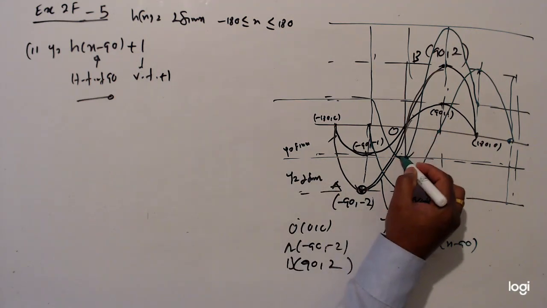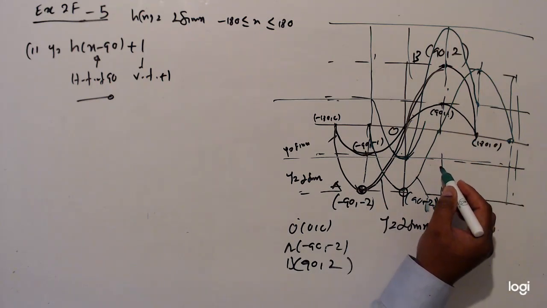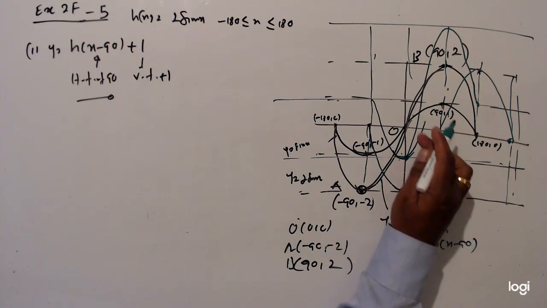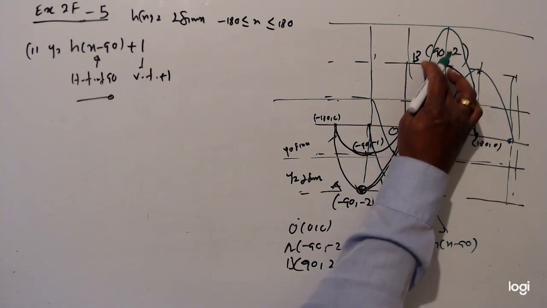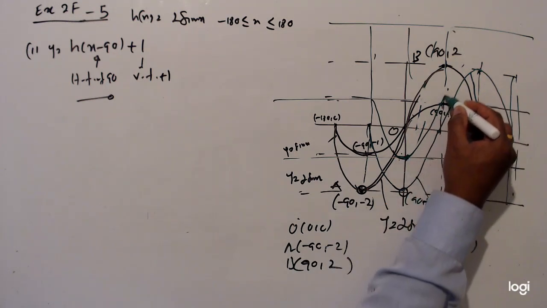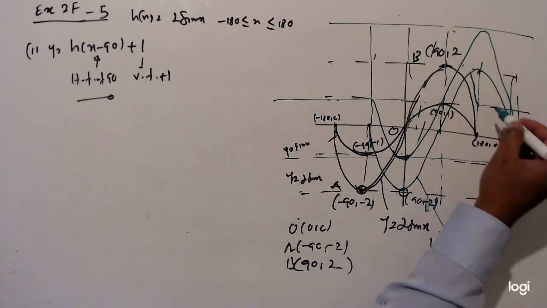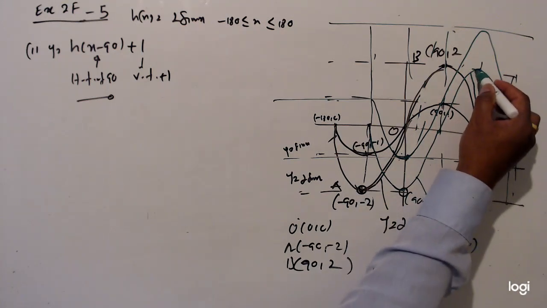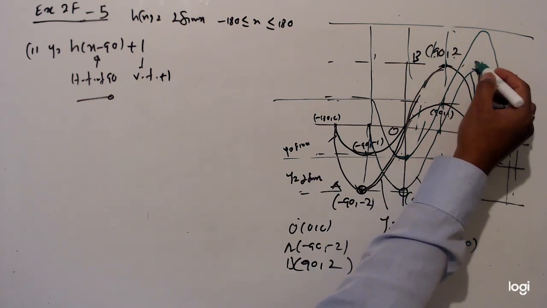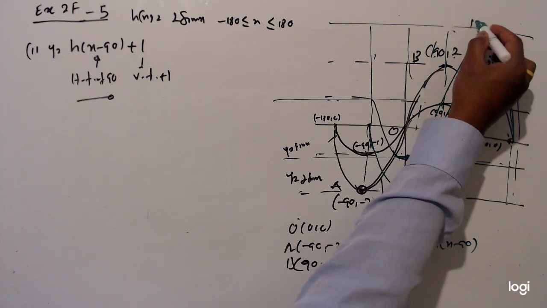Now it is here. So this point is 90, 1 and 180, 2. Now this is 180, 3.